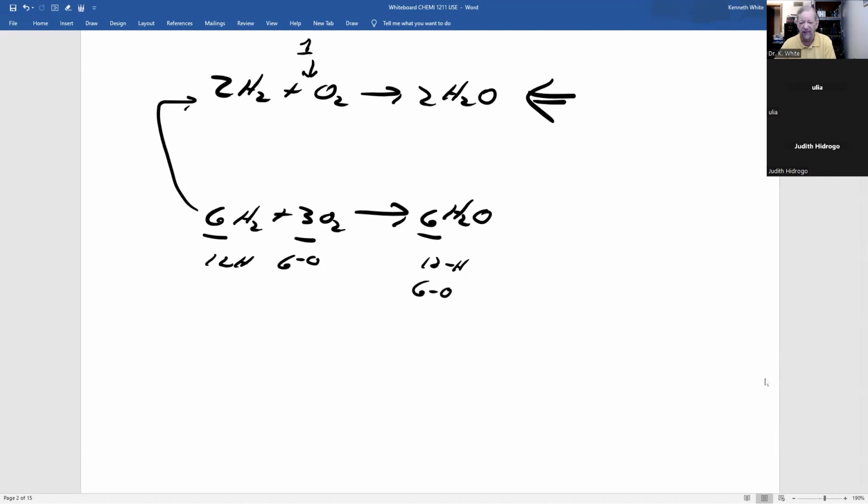So whenever you can, like in this case, divide all the coefficients by a number to get a whole number, you keep on doing that until you come to the point where you can't. I could have had 12, 6, 12. If I divide that by 3, I'd come here and do another 3. So that's an important thing.